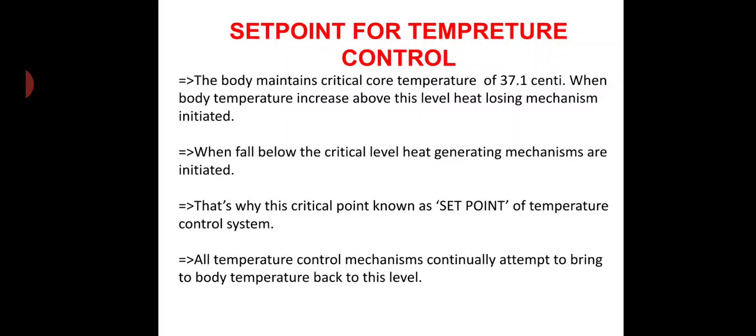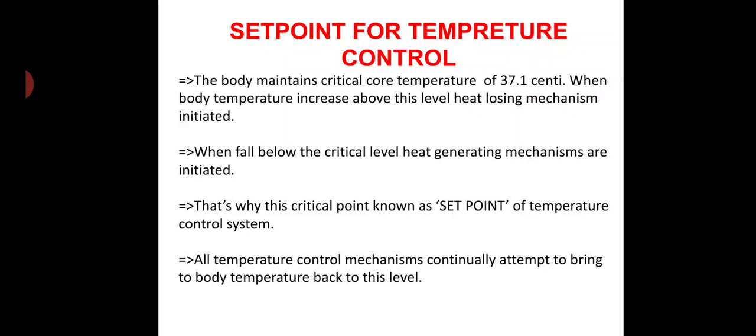Now suppose, due to any reason, your body temperature starts rising above 37.1, then your heat losing mechanisms will start. And the opposite, if your body temperature fluctuates below 37.1, then your heat gaining mechanisms will be active.